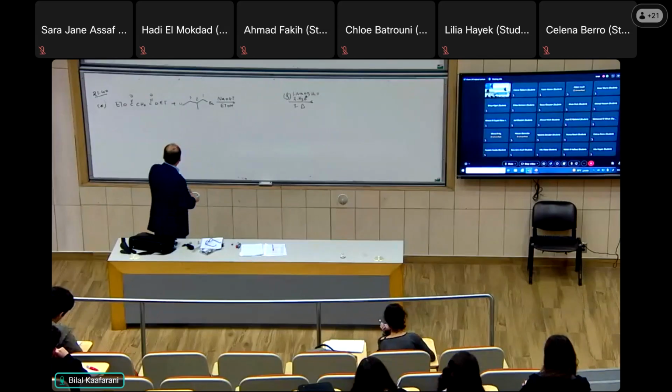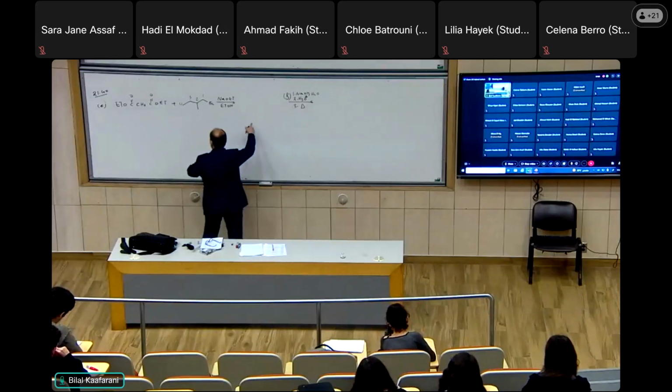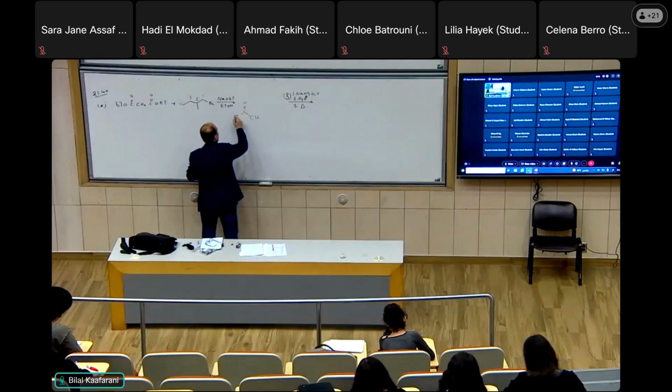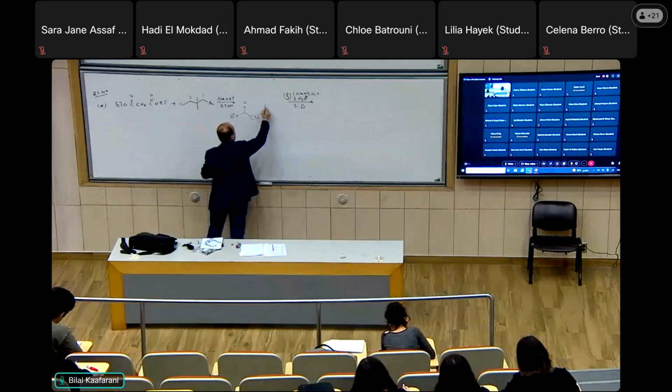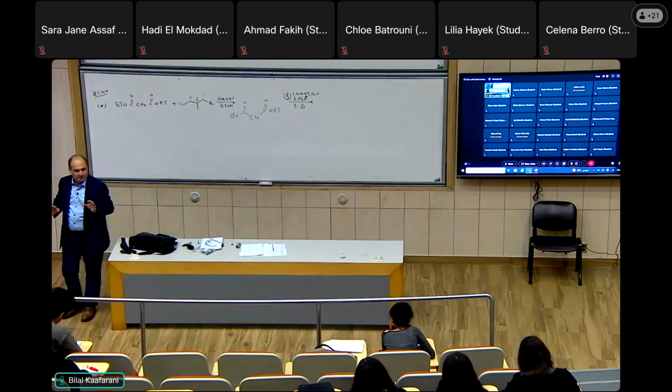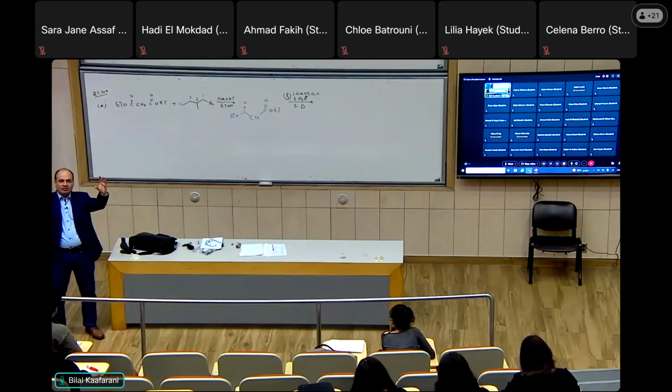So what am I getting right here? I am having CH, C double bond O, OEt, C double bond O, OEt. Always draw it like this. It's easier to see the final product right away, because you're putting them beta to each other, you know you need to decarboxylate when you draw it as such.